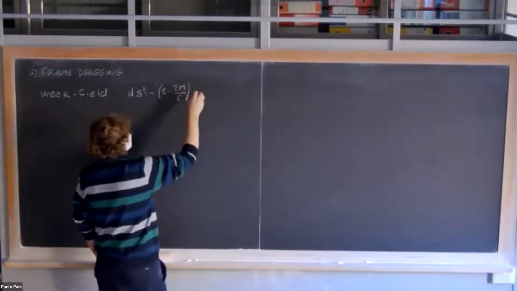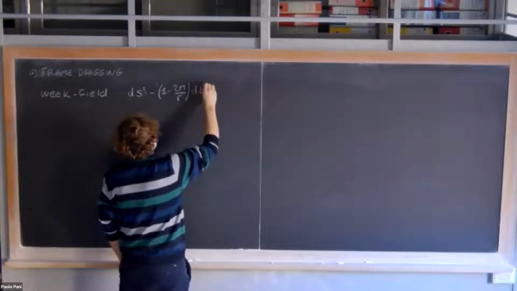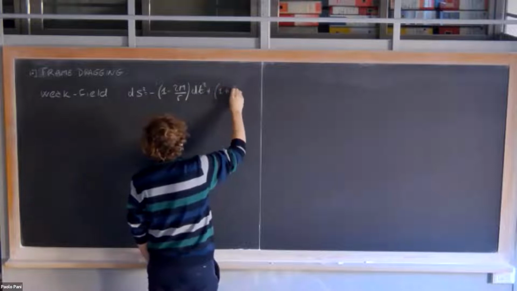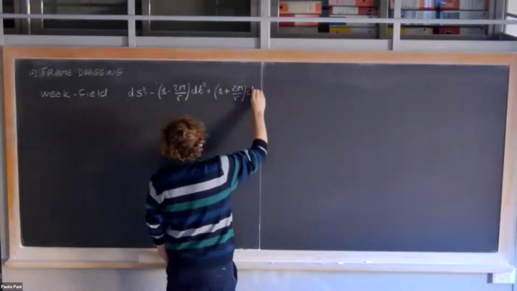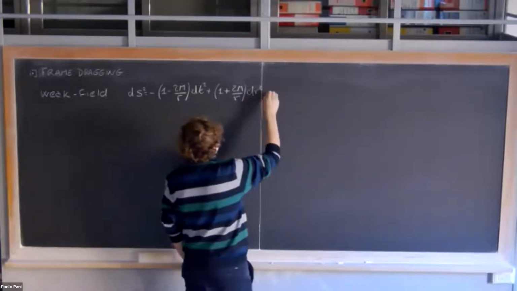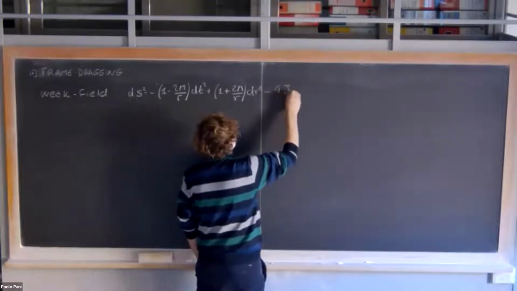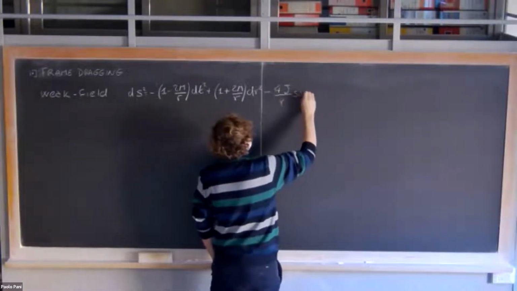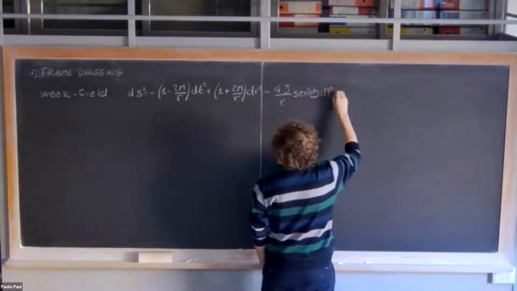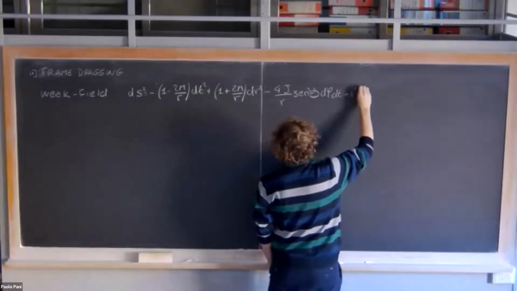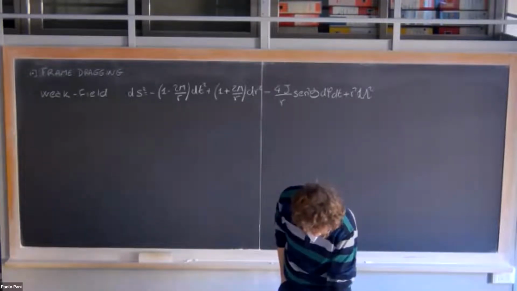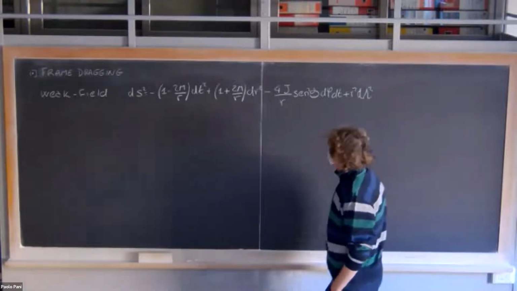The leading order term is the Schwarzschild term expanded at large distances, so here it will be 1 minus 2M over r. Of course, there will be higher order corrections that I'm not writing, and then there is a 4J over r times sin squared theta term.